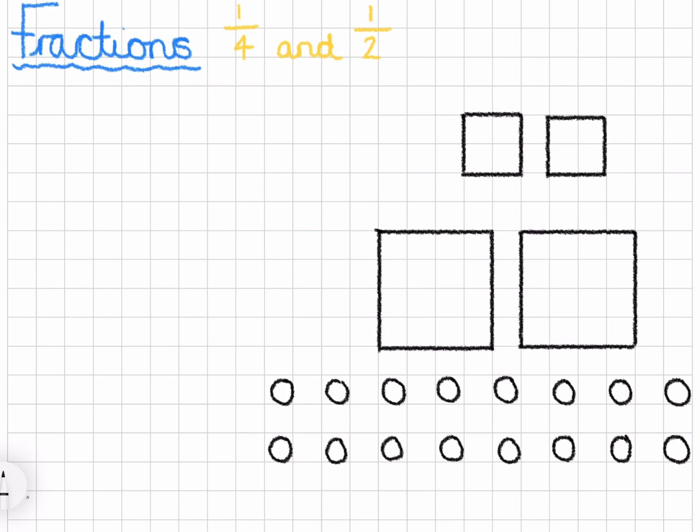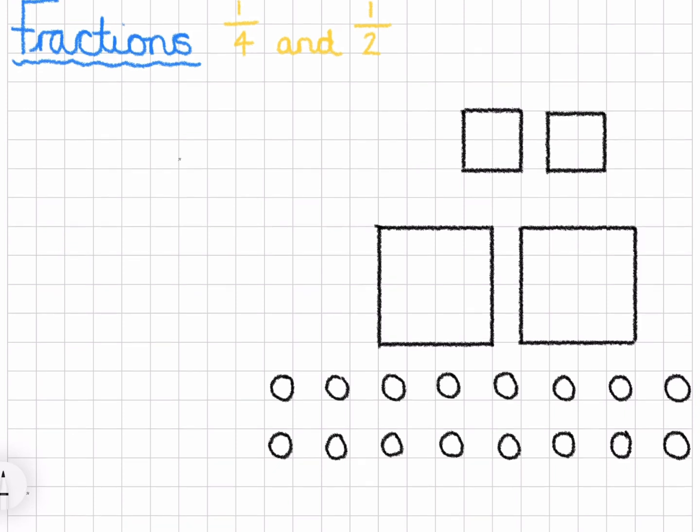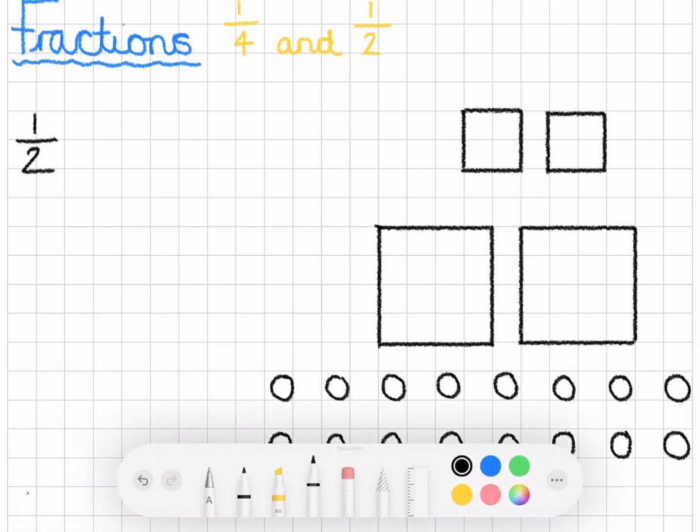So just a bit of background knowledge. When it comes to fractions, you have a number on top and a number on the bottom. The number on top has a fancy name, and that is called our numerator. And the number on the bottom has a different name, and that is called the denominator.